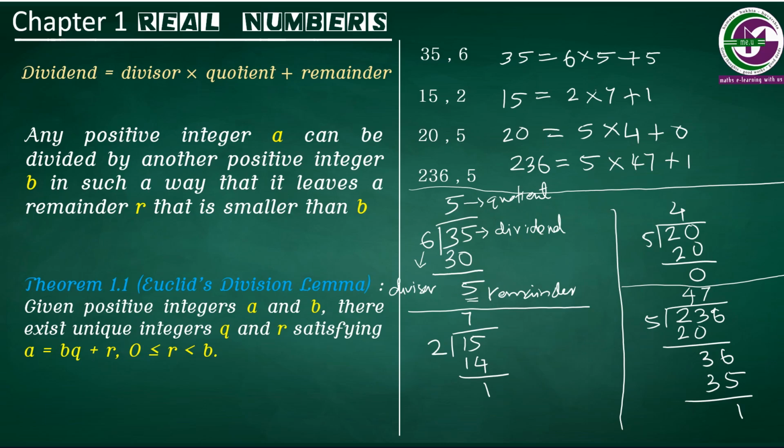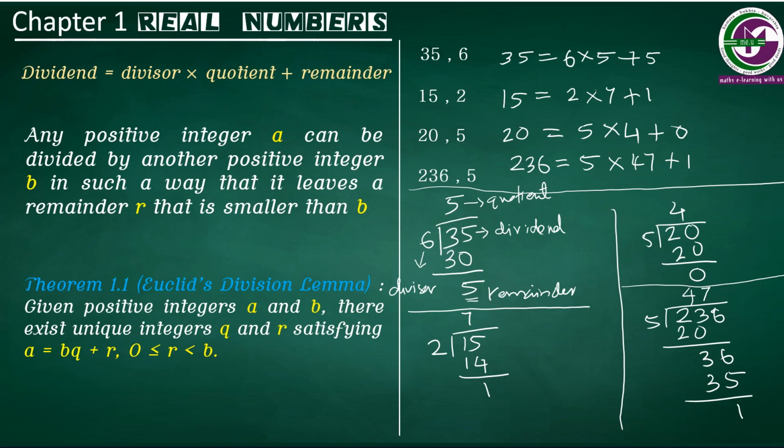So we can write, satisfying a equals bq plus r, such that 0 is less than or equal to r, less than b. That means the remainder will always be greater than or equal to 0. The least value of the remainder is 0, and it can go up to a number less than the divisor. Less than b means it is not equal to b.